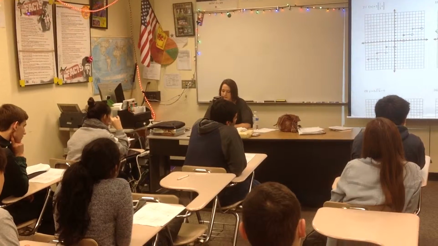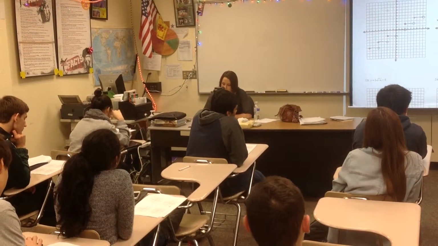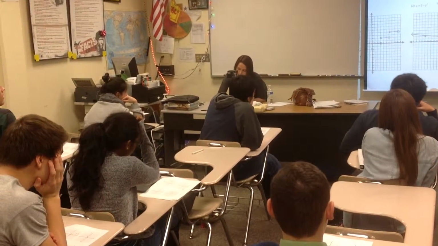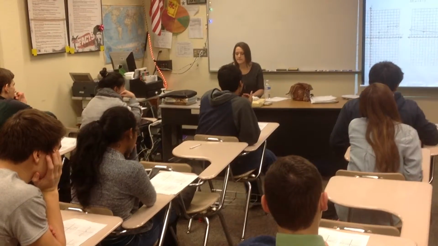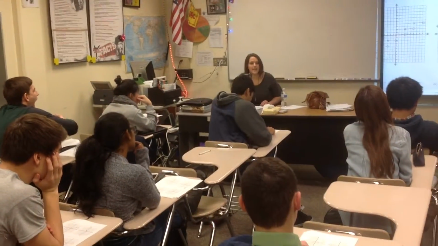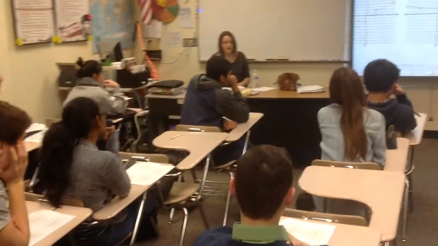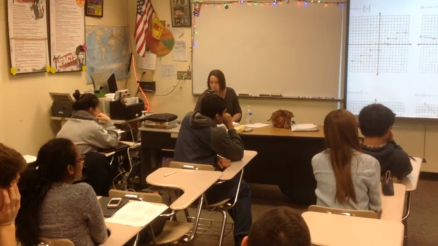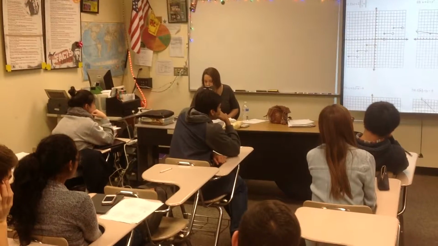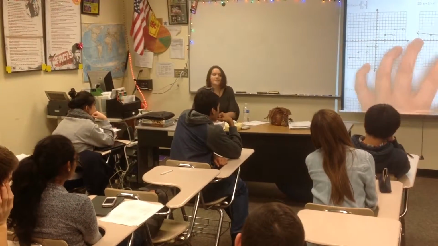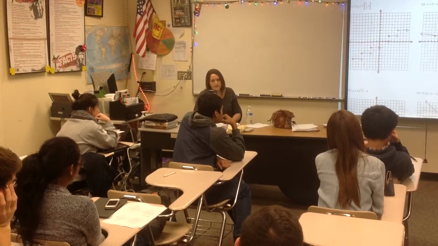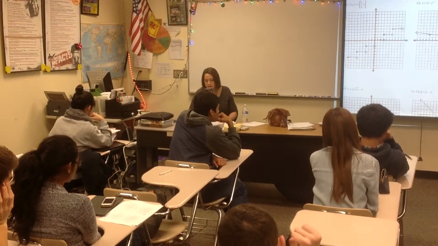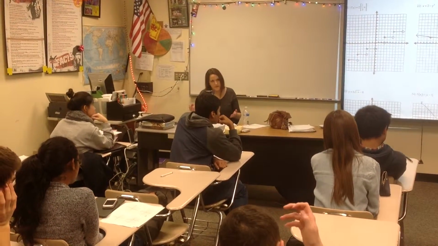I also factored out the coefficient, because since there's a coefficient on the x, I can't really determine what I need to do, so I need to factor that out. That's what I did right here. Looking at all of these, I'm subtracting 2 inside the parentheses, so I'm going to do the opposite of that and move it to the right 2. Right here, I have a negative, so that's going to affect it and flip it.